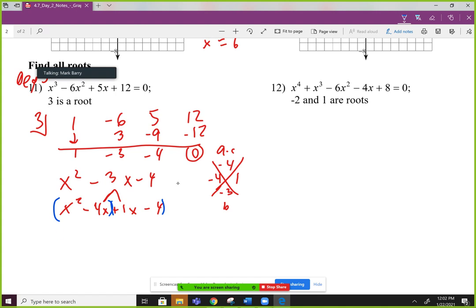Do our grouping here. Second group looks like we cannot take anything out, but you have to take out either 1 or negative 1. So I'm going to take out positive 1.